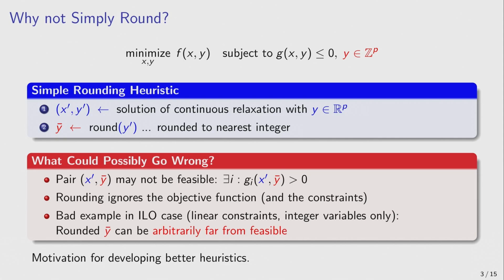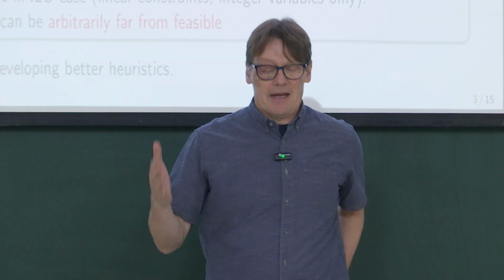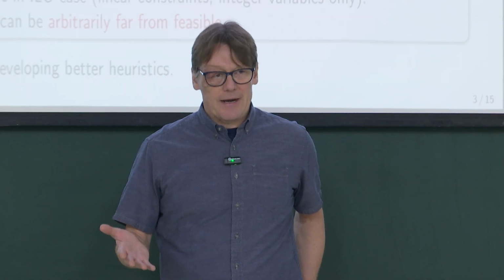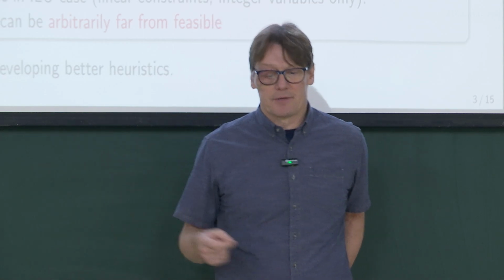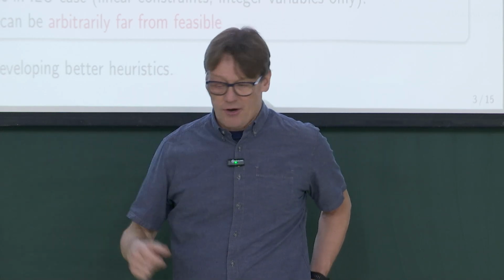First of all, when I round the integer variables, my x may no longer be feasible. In particular, if I have units that I put into a flow sheet, for example, in chemical engineering, and the continuous relaxation tells me to have a quarter unit somewhere, then there will be discrete variables associated with this unit, but they're no longer feasible.